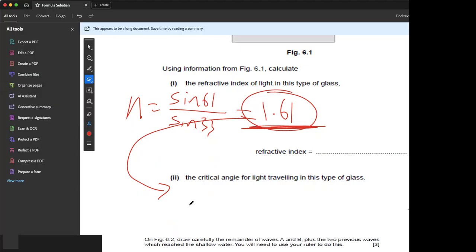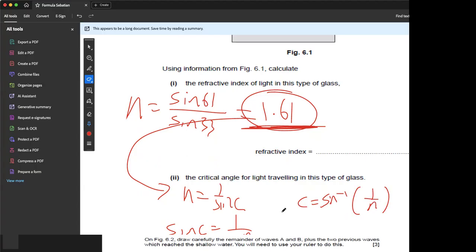Because n equals 1 over sine c, so sine c equals 1 over n, and then your c would be shift sine 1 over n. You're supposed to use the raw number here.